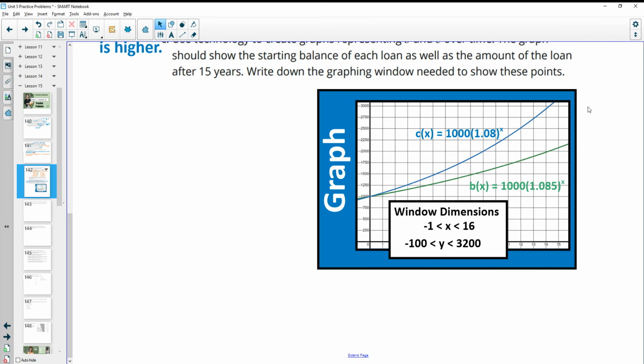-100 to 3,200. Probably should have gone a little bit higher, because when we look at 15, it's actually off the graph for C. So we don't actually see that. So I probably should have changed this to more like 3,500 or something to make sure that I can see that on the 15th year.